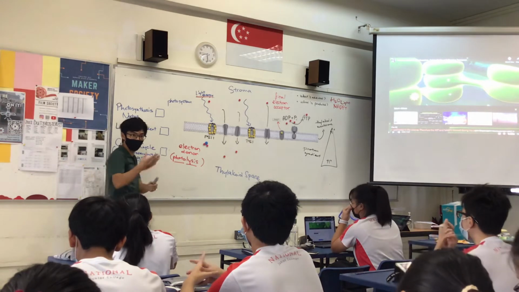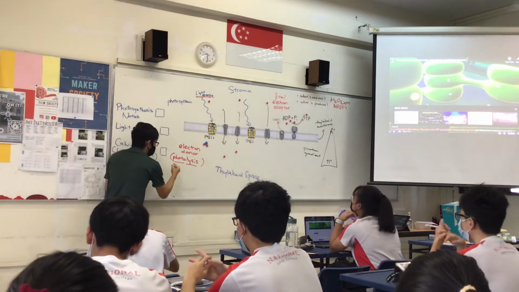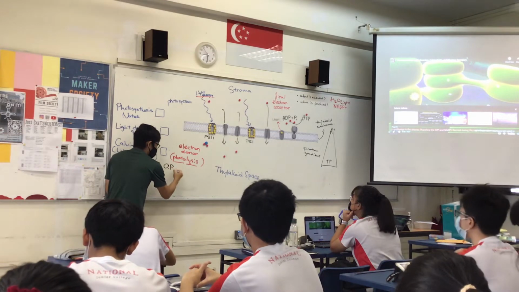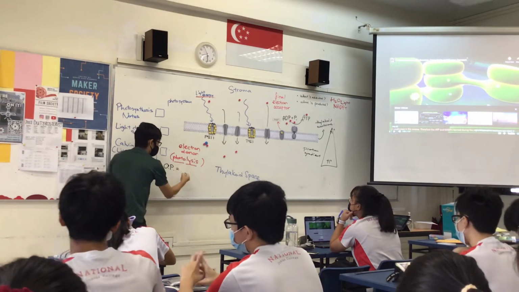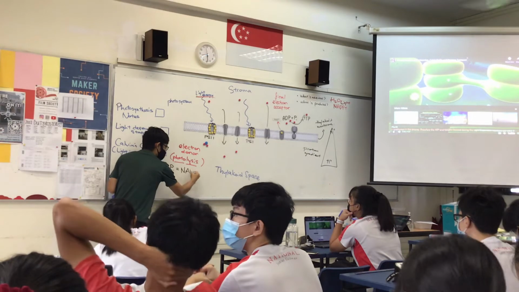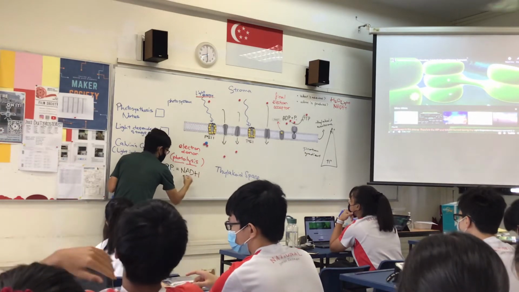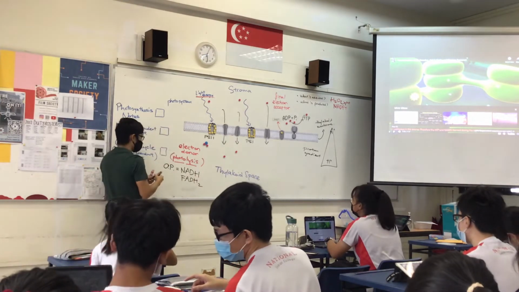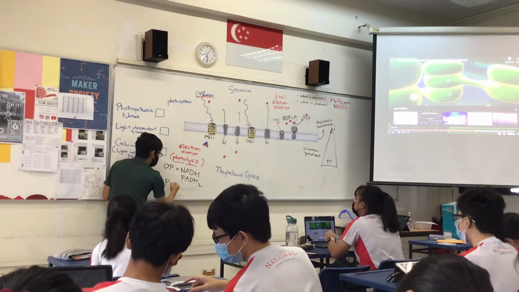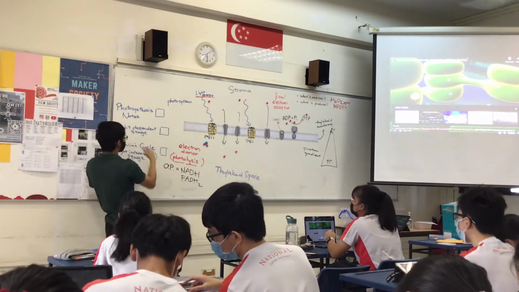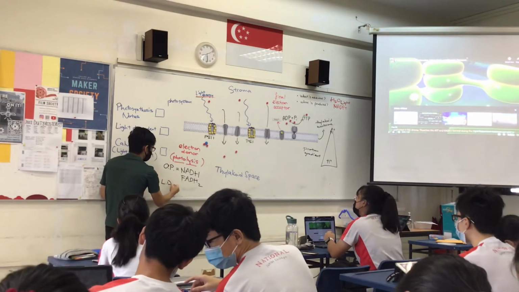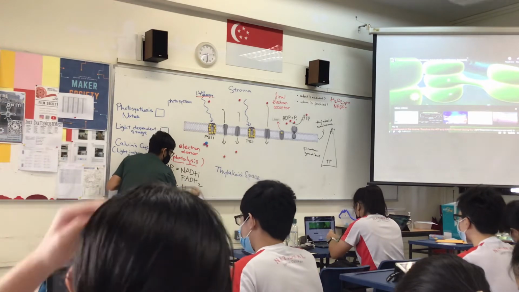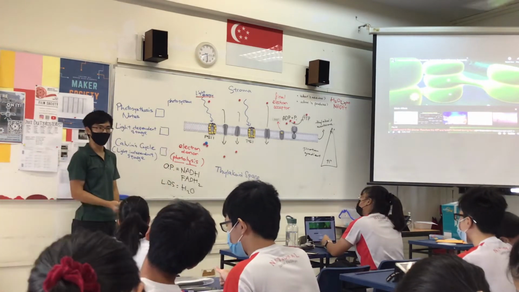NADH. Okay, I'm going to write down what you can compare. So, in the context of oxidative phosphorylation, the electron donor is actually NADH and FADH2. But in the context of what we call the light dependent stage, we actually use H2O. Okay, so there's one thing you can compare.